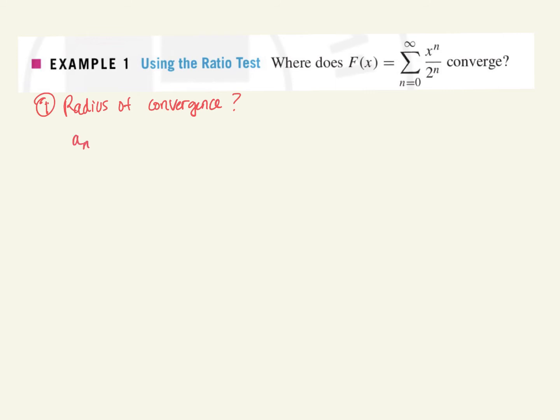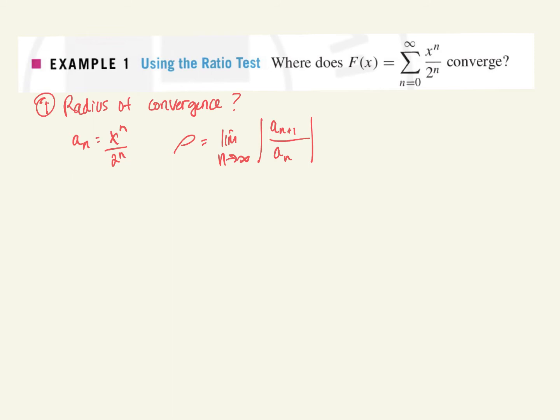So we're saying that our a sub n is x to the n power over 2 to the n power. And then we're looking for the limit as n approaches infinity of the absolute value of a sub n plus 1 over a sub n.